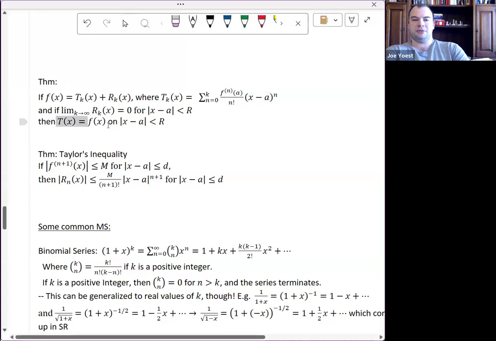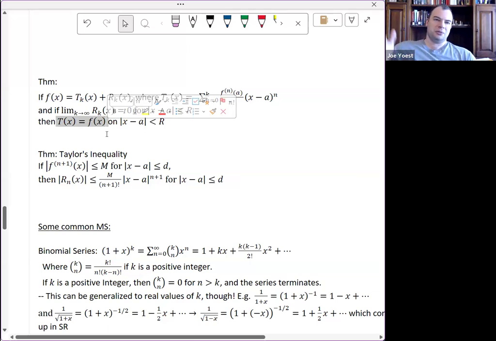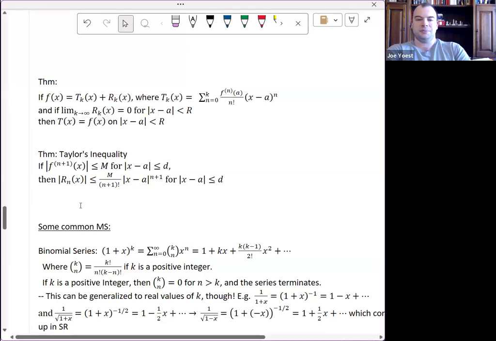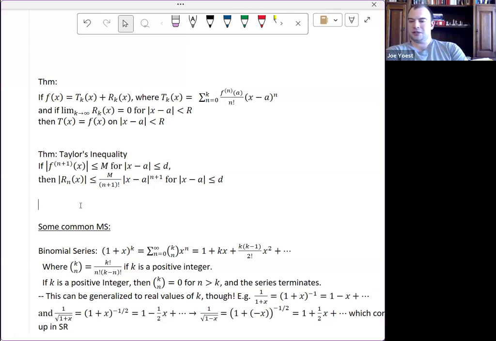Now, of course, if I have all infinitely many terms, then the two, provided this theorem holds, match exactly. But if I'm chopping it off at 10 terms, 20 terms, something like that, to get a better approximation, I either need to have more terms or I need to stay closer to the center of the series.